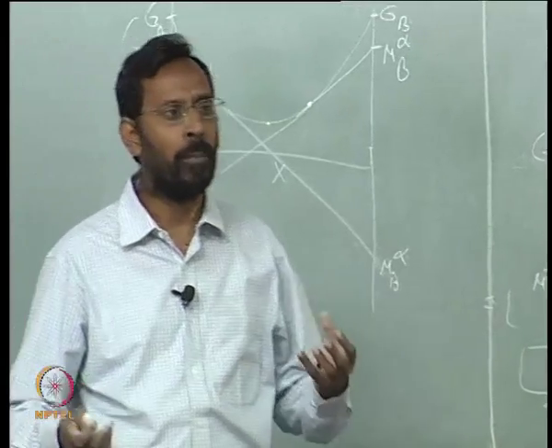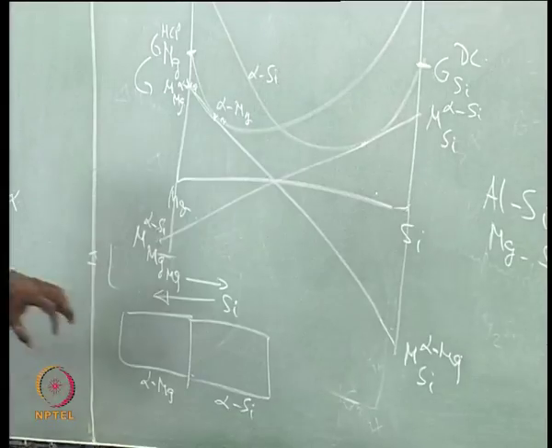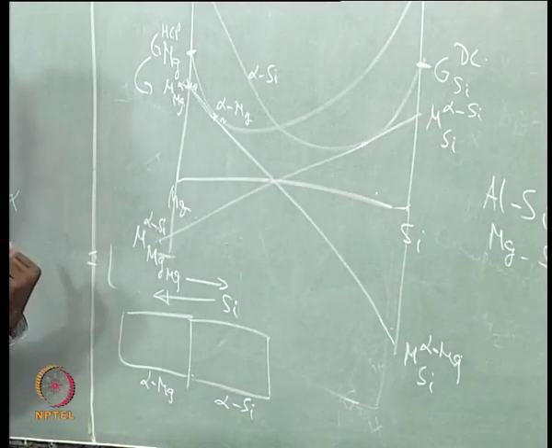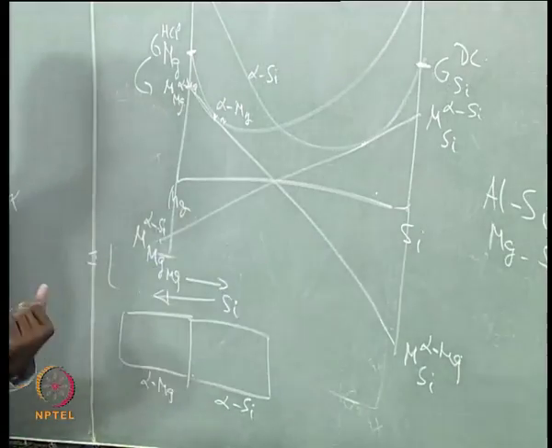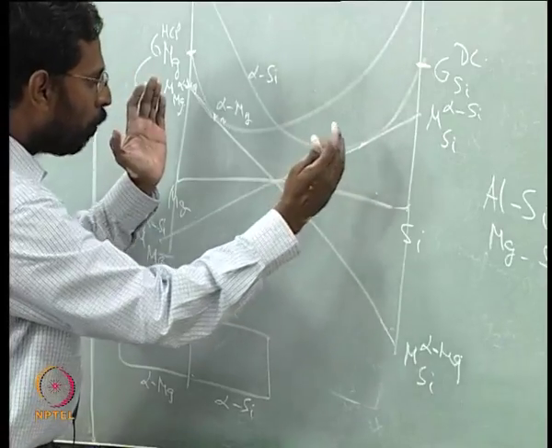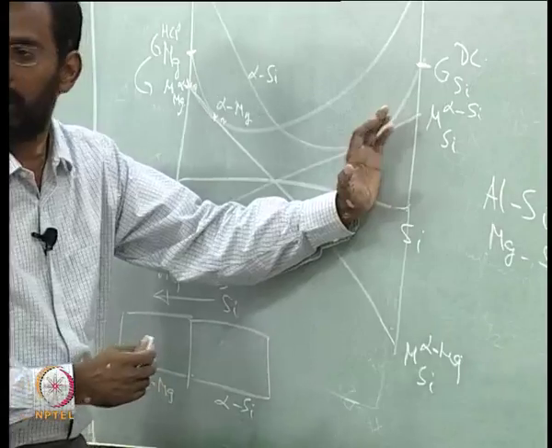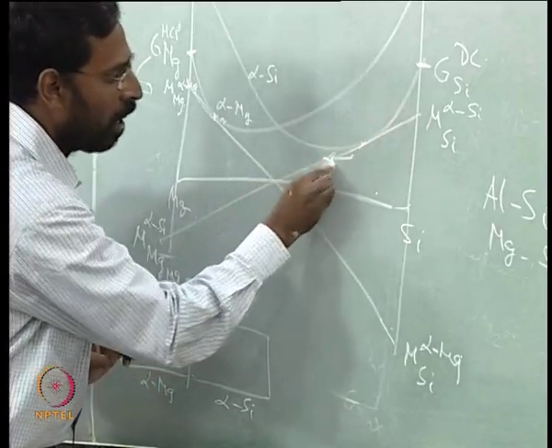In the process, the compositions of the two start changing. Alpha magnesium would keep on getting more and more silicon, and alpha silicon would start getting more and more magnesium. So, these two compositions will start moving towards each other. When more magnesium is added to alpha silicon, the composition will move in this direction.